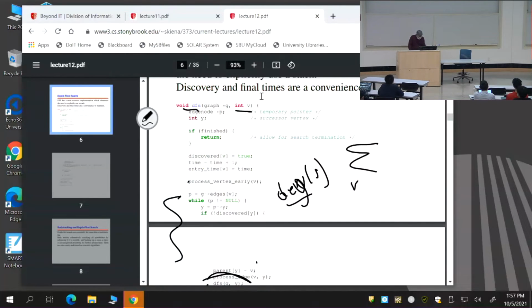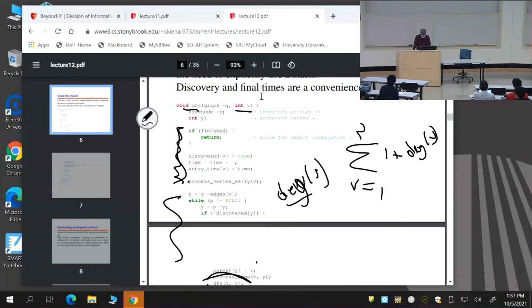It's the sum as V goes from 1 to n of 1 plus the degree of V. The 1 is that order 1 time logic here. It's going to take constant time before the loop. This loop's going to go around the degree of V.